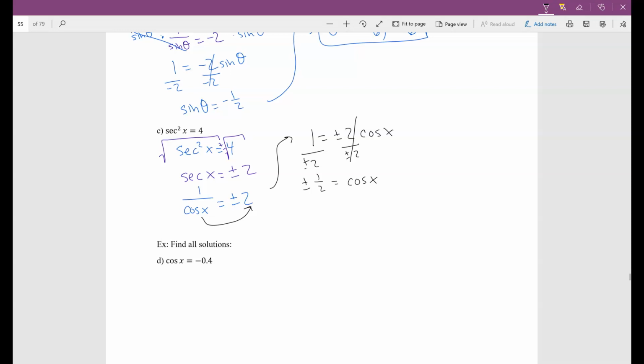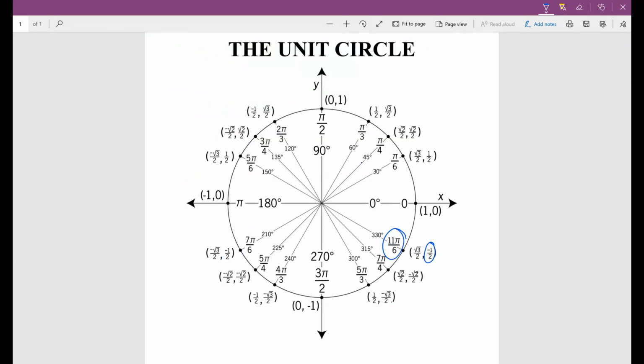So basically what I'm looking for is where exactly is the cosine of x positive 1/2 and where is it negative 1/2. Okay, so what are all the x values where it's positive 1/2 and negative 1/2? All right, so let's look at the unit circle again. Remember, cosine is my x value. So we're looking at all the positive and negative 1/2.